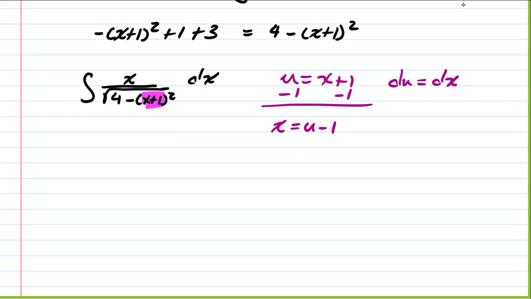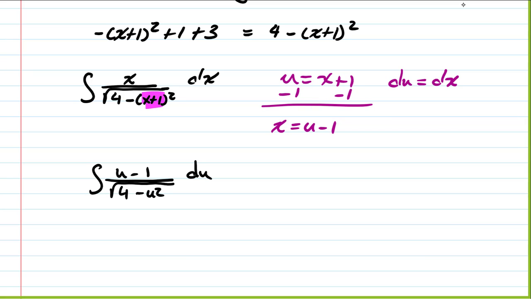So substituting all of that into our integral, we get u minus 1 over the square root of 4 minus u squared du. So our x became u minus 1, and our x plus 1 became a u. So now we're one substitution deep, right?